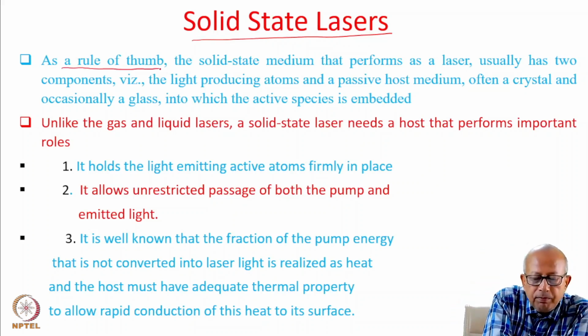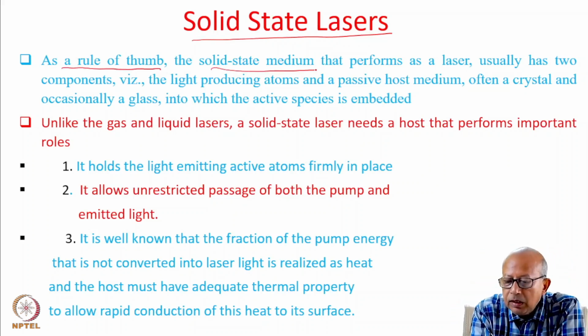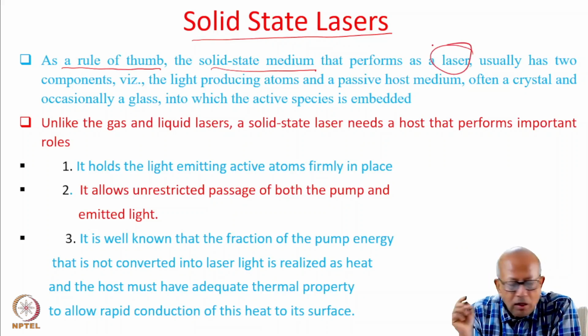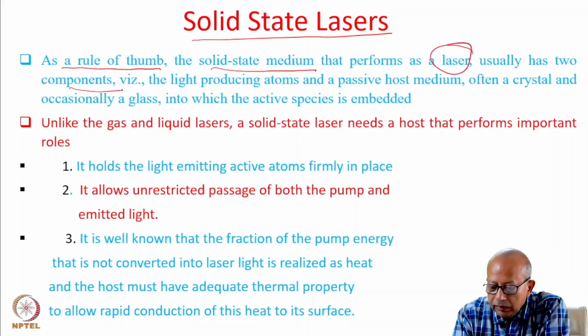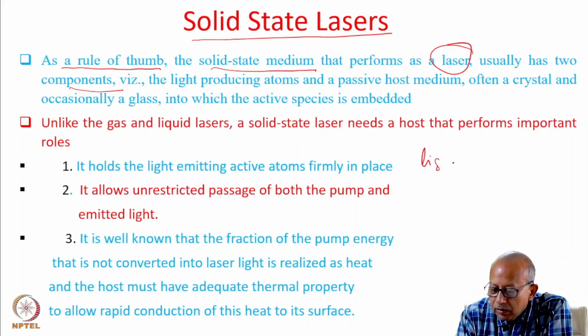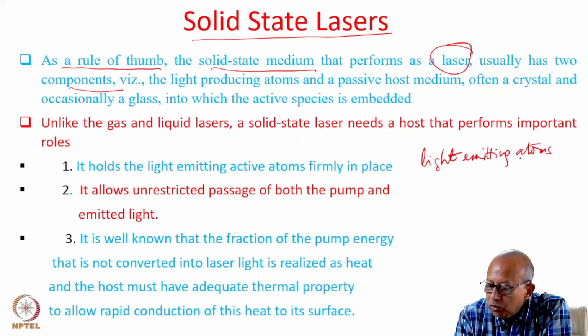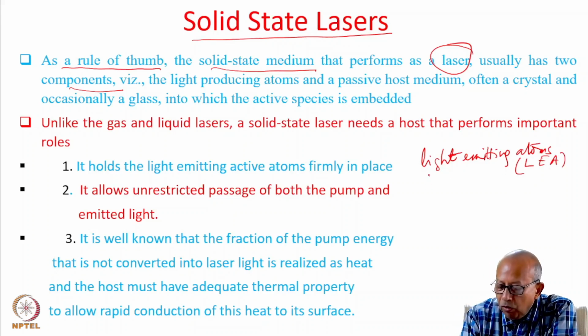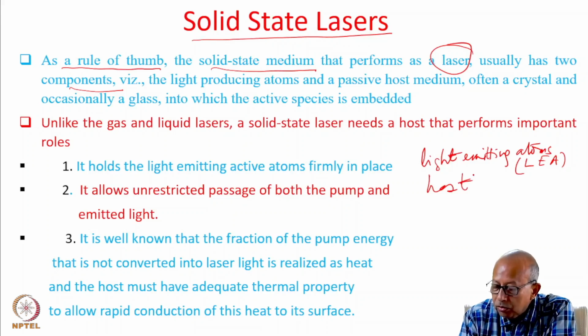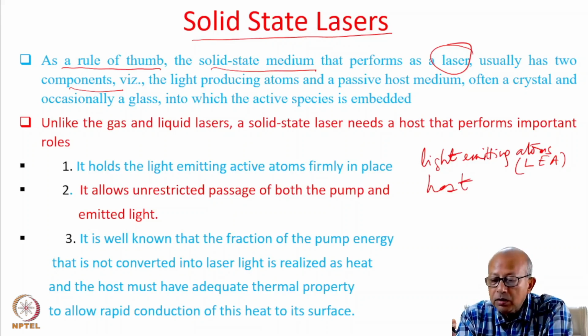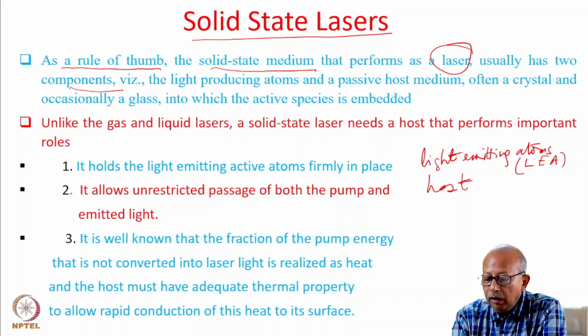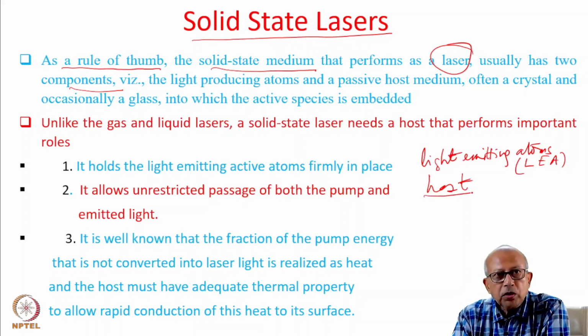As a rule of thumb, the solid state medium that performs as a laser usually has two components: the light emitting atoms, which we will abbreviate as LEA, and a passive host, which does not participate in the lasing process, which is often a crystalline material and occasionally some variant of glass.